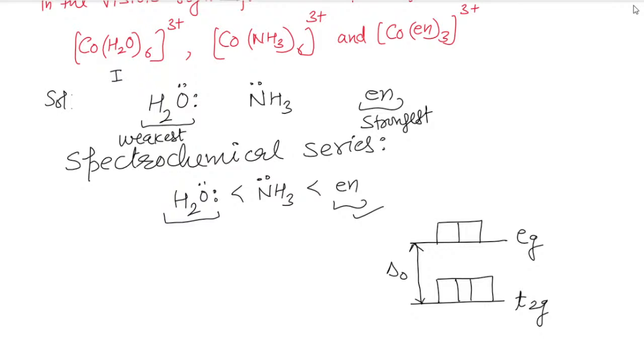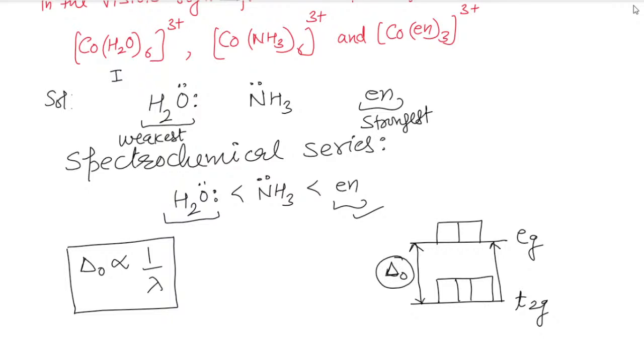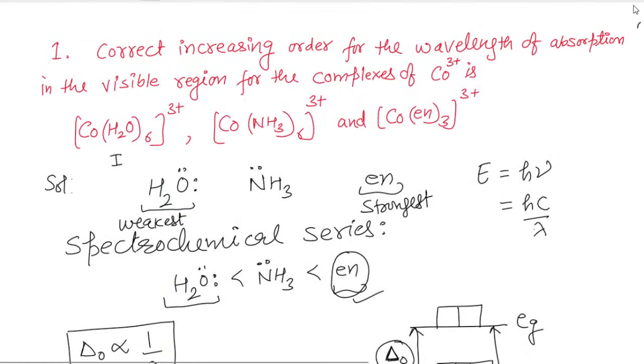That delta O is inversely proportional to lambda. Am I right? Because delta O means the energy difference between t2g and eg. So when electron shift takes place, this is the energy. This energy is maximum for en, and energy is equal to h nu equal to hc over lambda. So energy and lambda are inversely proportional. Got it?